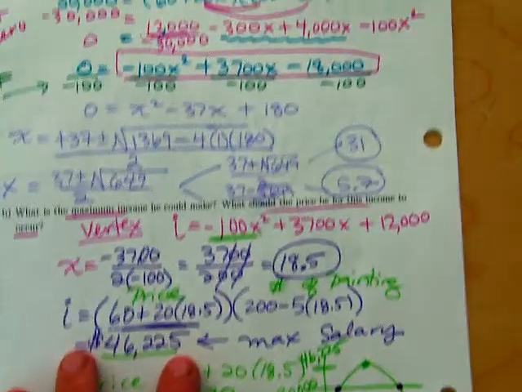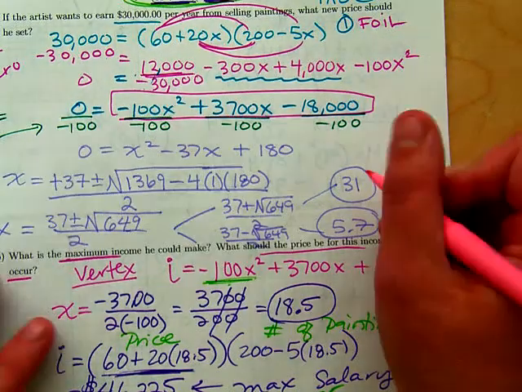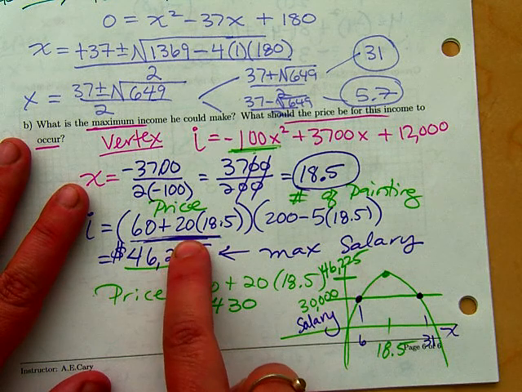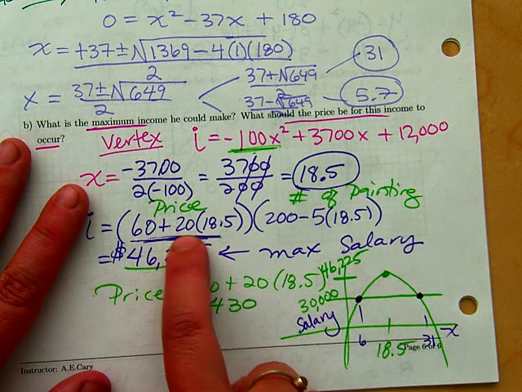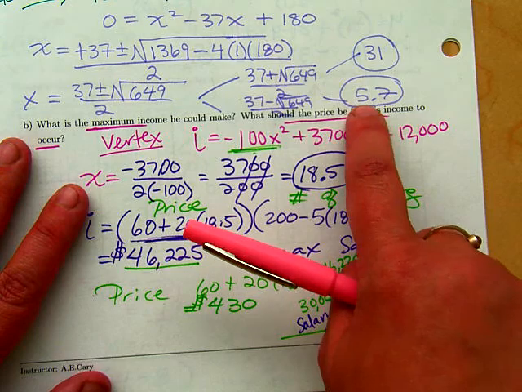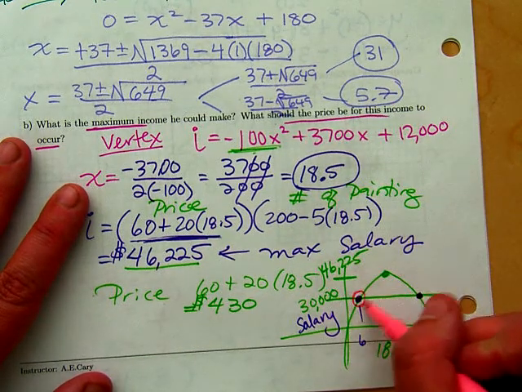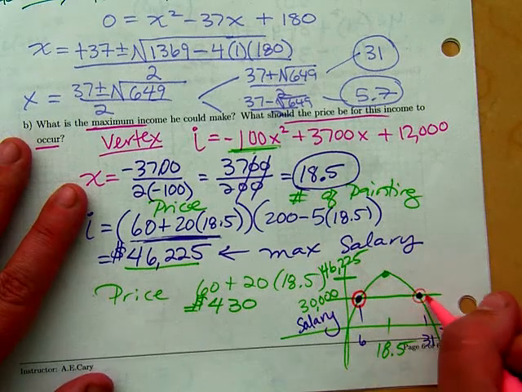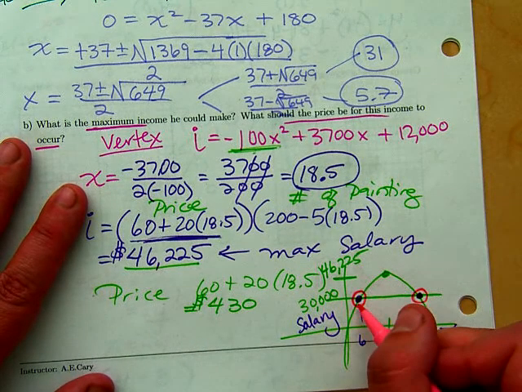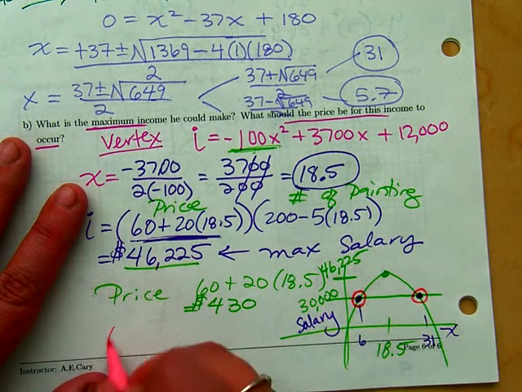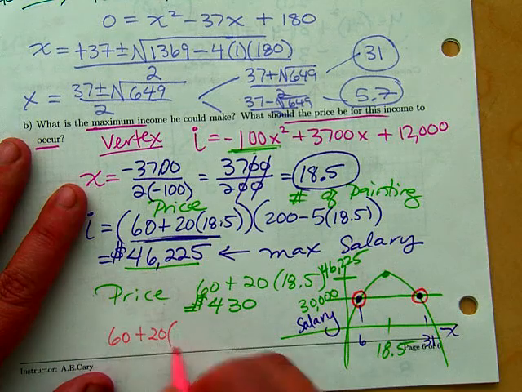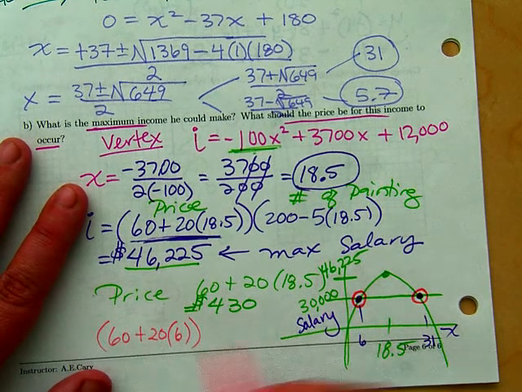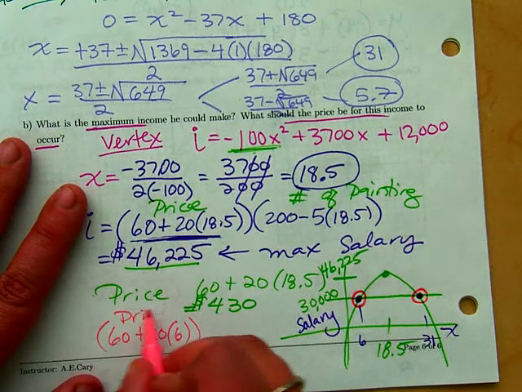Just like here how we increased 18 times, $20, he's either going to increase it around 6, well 5.7, or he's going to increase it a lot. So it's either going to be $60 plus 20 times 6, I'm just rounding that off, and that's going to be his new price.